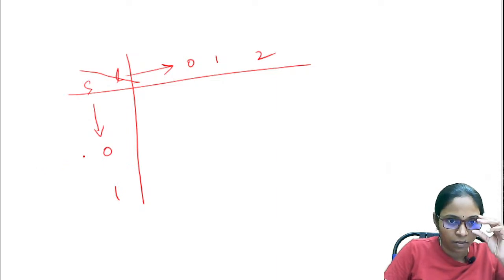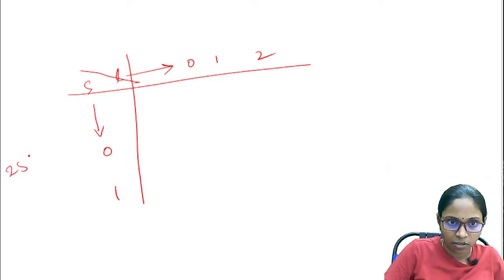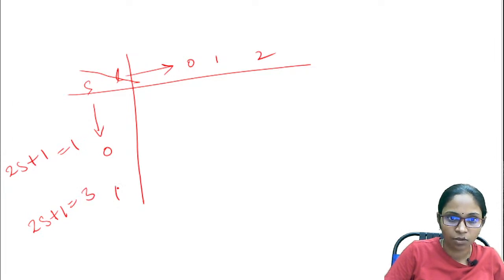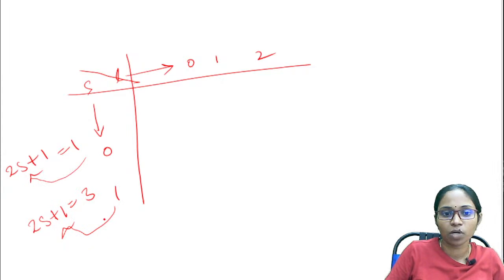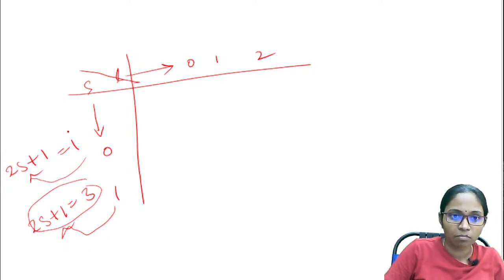Okay, and the multiplicity for S equals 0 is 1, and for S equals 1 the multiplicity will be 3. You substitute it in this place, and this will be the multiplicity.